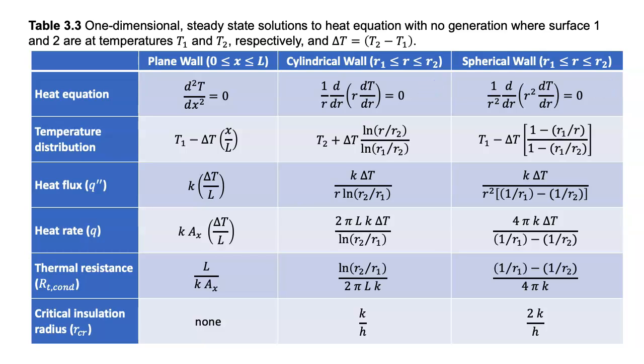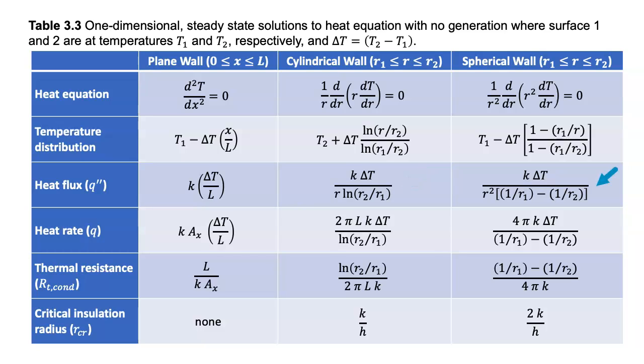All three of these ODEs are then integrated twice, and the solutions for the temperature distributions are given for the case where specified temperatures are used for the boundary conditions. Next, Fourier's law is used to determine the heat flux and the heat rate. Note that for a plane wall, the heat flux is constant, but that it decreases for cylindrical and spherical walls.